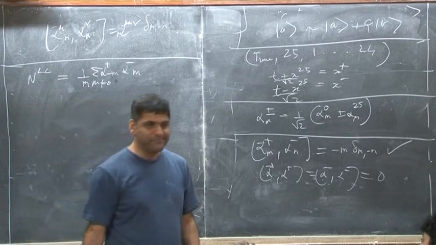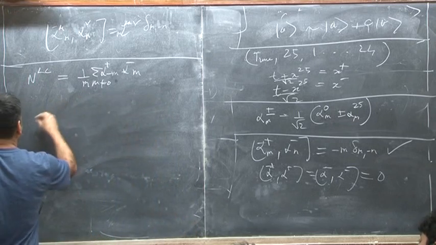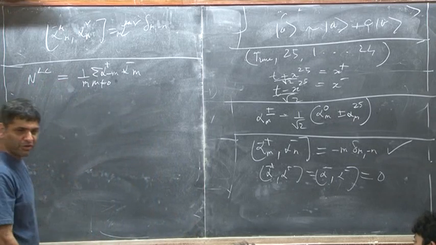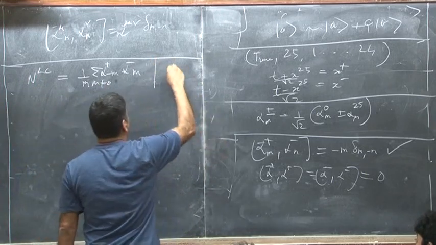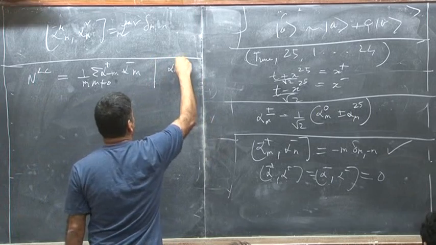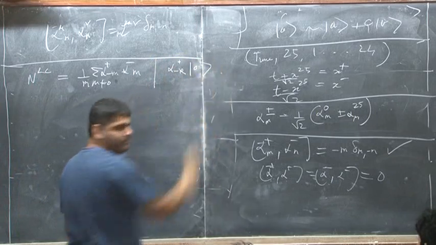Let's check that. Suppose I take N light cone, up to some overall sign, acting on alpha minus k plus on 0.